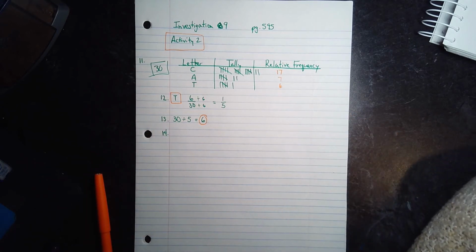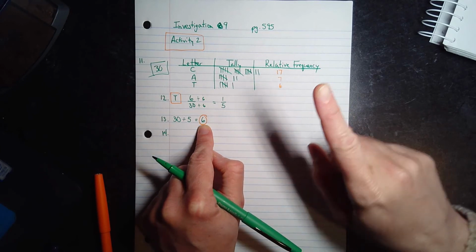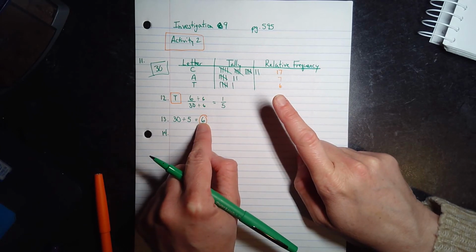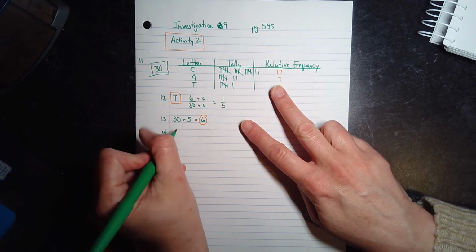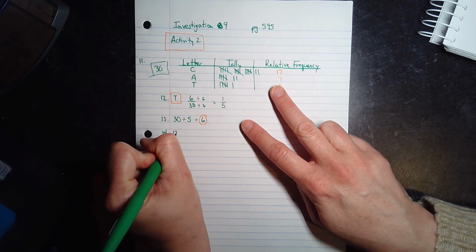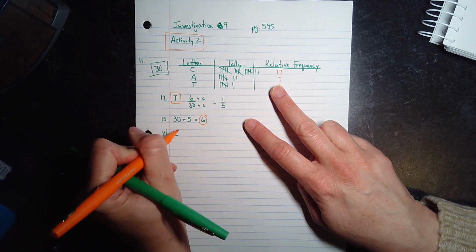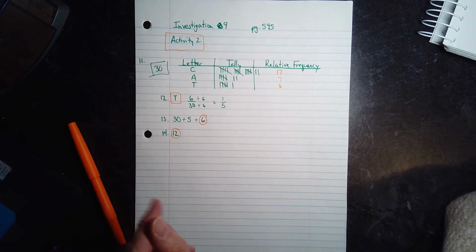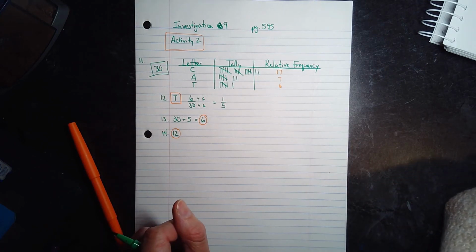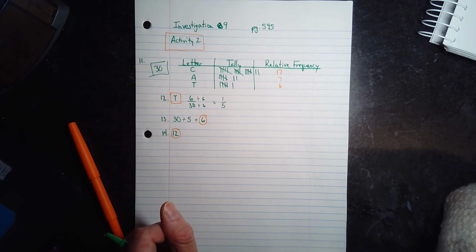Now, what if you had written a letter twice? How often do you think you would have chosen it? Well, if you wrote a letter once, you thought you'd get it 6 times. If you wrote a letter twice, you would double that. It would be 12 times. For number 15, if you wrote a letter 3 times, about how many times would you expect to get it out of 30?